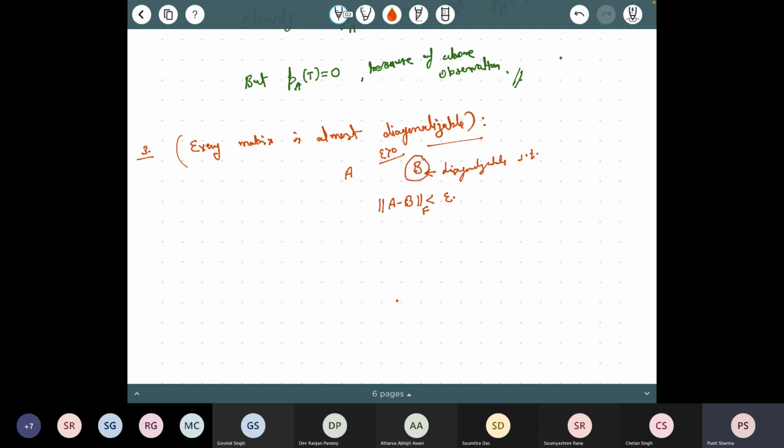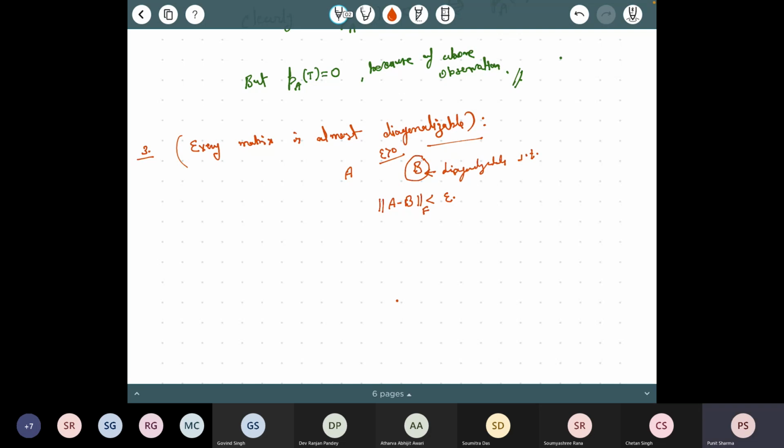Whenever you enter a matrix randomly, it's not like, of course, when you give particular values to A, it will be singular. But if you just randomly choose some matrix A, then the probability of A being singular is almost 0. Or you can say that the probability of A being non-singular is almost 1.